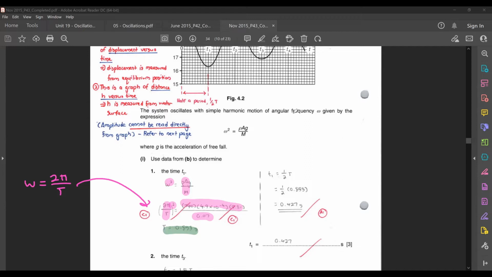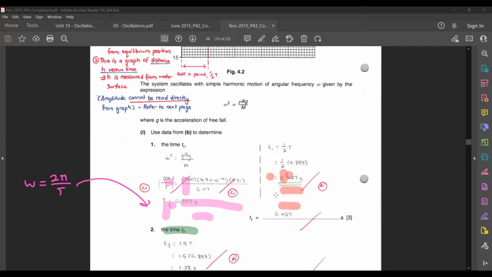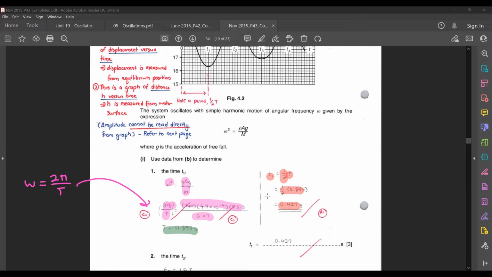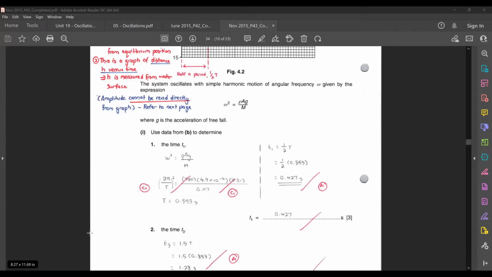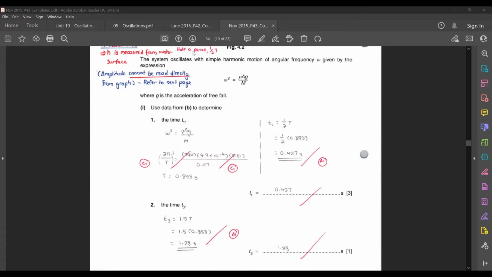So now T1 is half a period. You're going to get 0.427 seconds. And then T3, if you proceed with your calculations, is 1.5 of your period. You're going to get the answer as 1.28 seconds. So that is what you're going to get for these two questions.